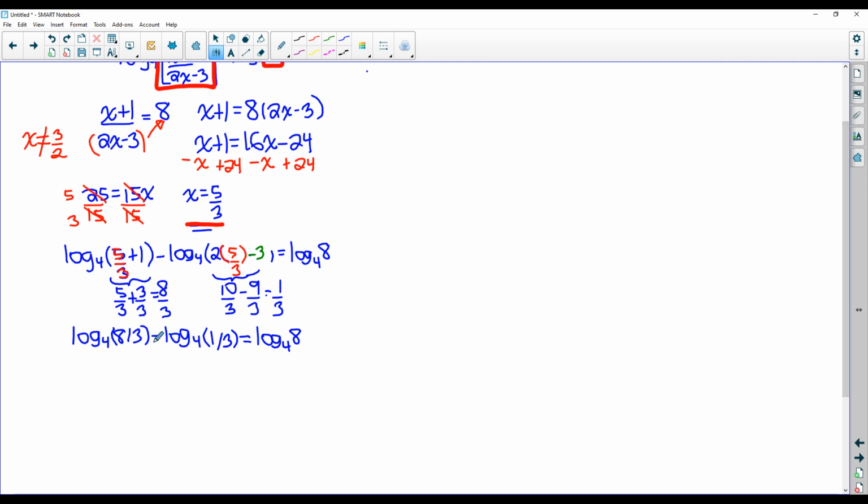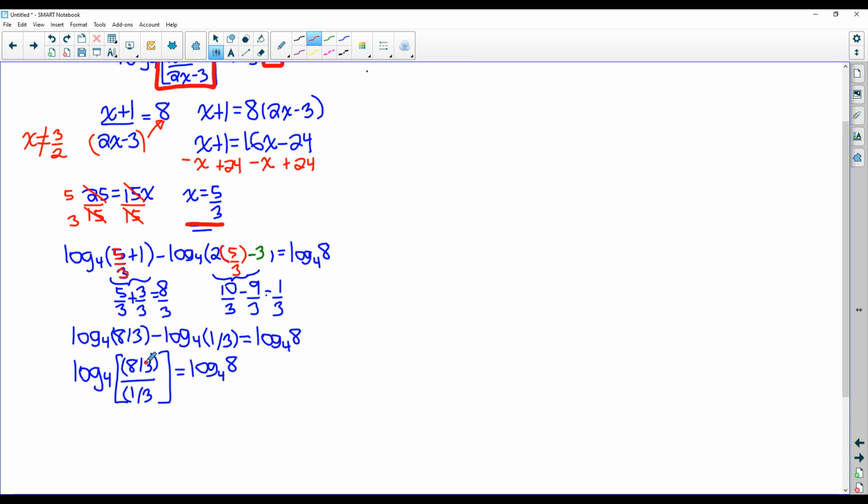Okay, so again, these two right here, we can combine with the quotient rule. So we can write the single logarithm. So it'd be log with a base of 4. And then we write down, you have 8 over 3 on the top divided by 1 over 3 on the bottom.